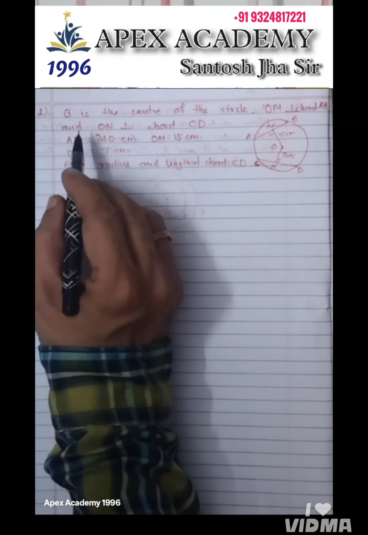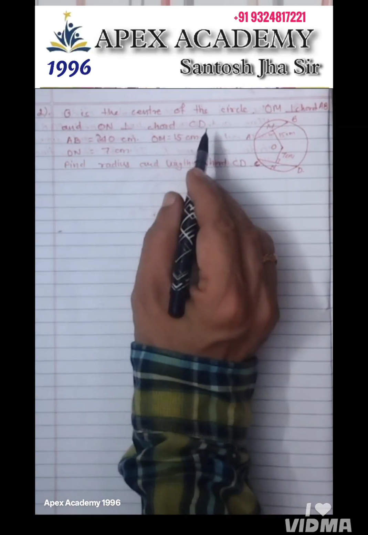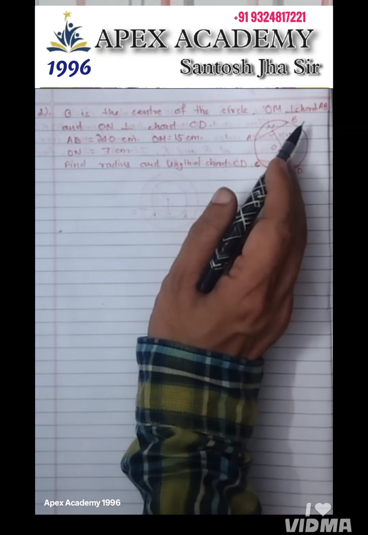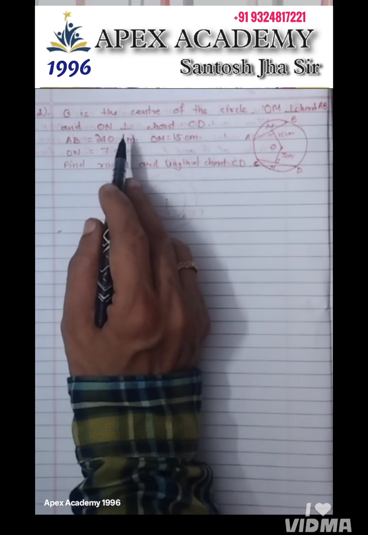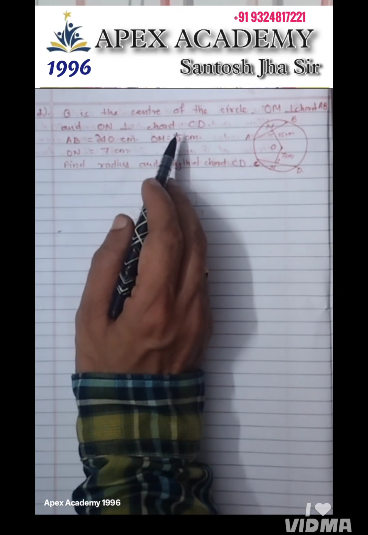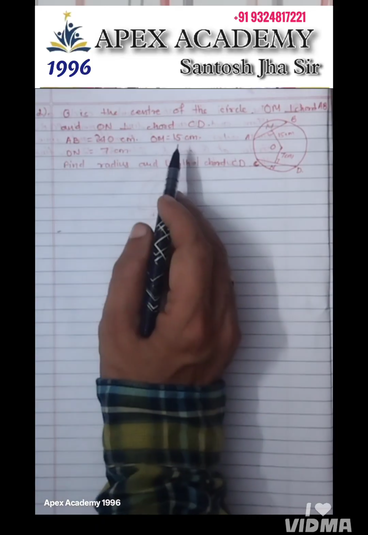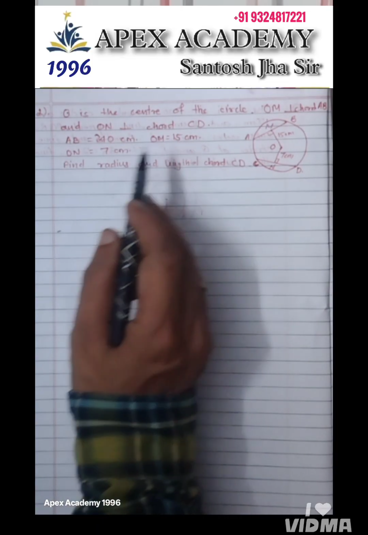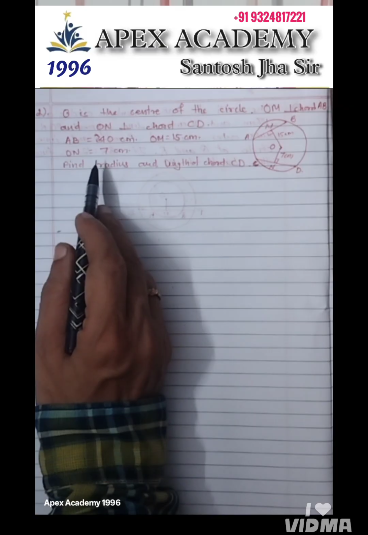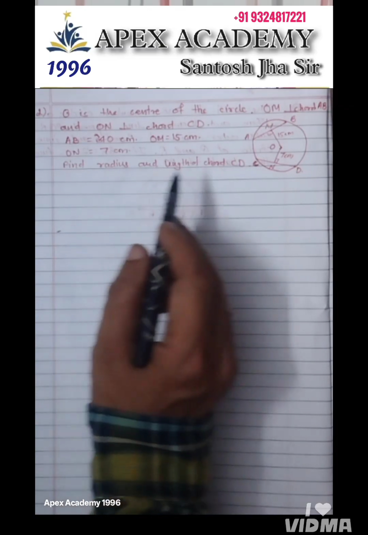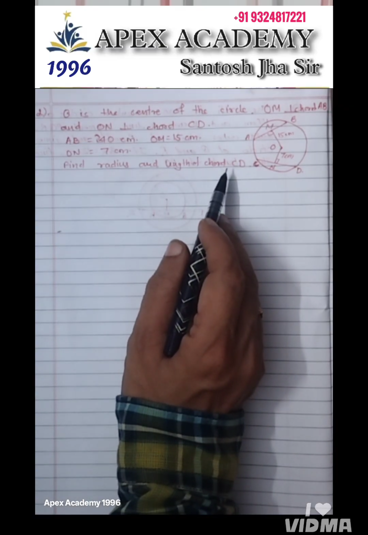Now see in this sum, it is given that O is the center of the circle, OM perpendicular to chord AB, and ON is perpendicular to chord CD as well. AB is given 40 cm, OM is 15 cm, ON is 7 cm, and radius and length of the chord CD we have to find.